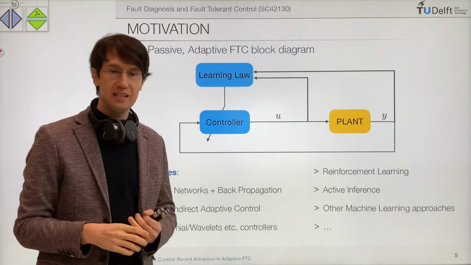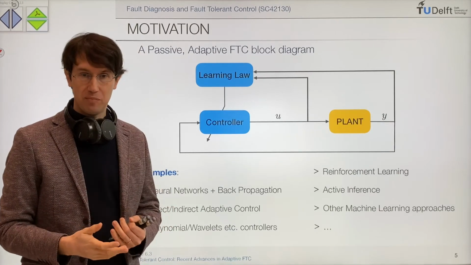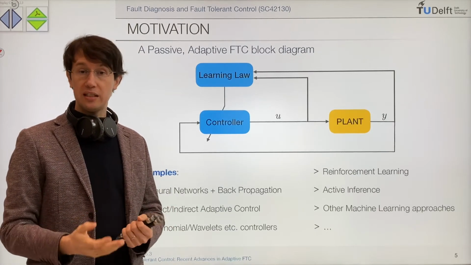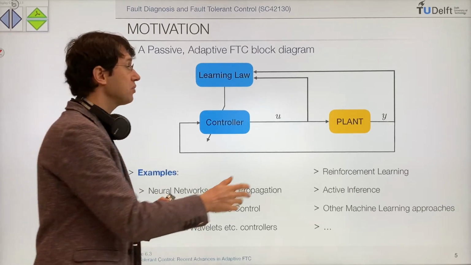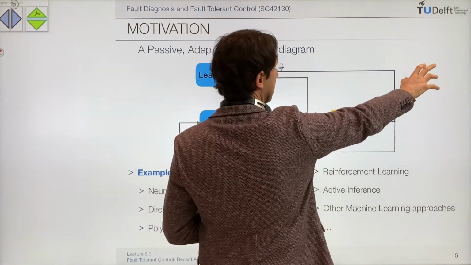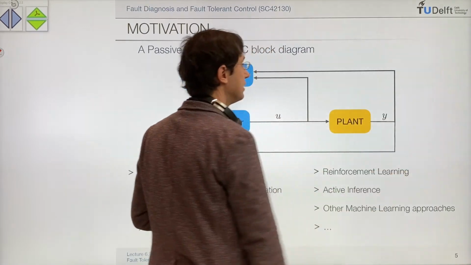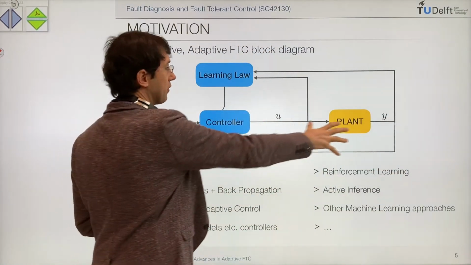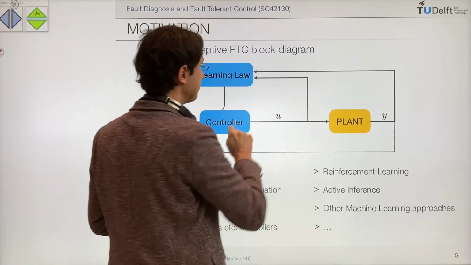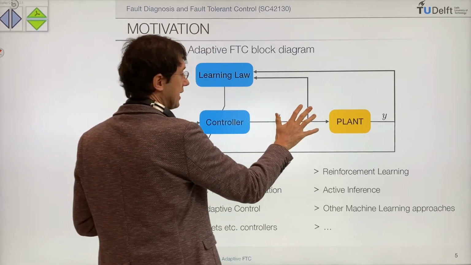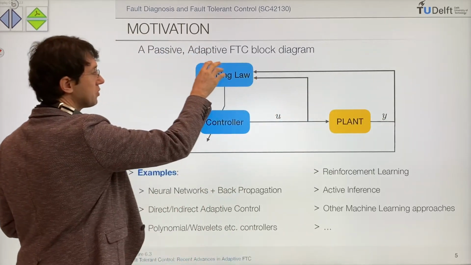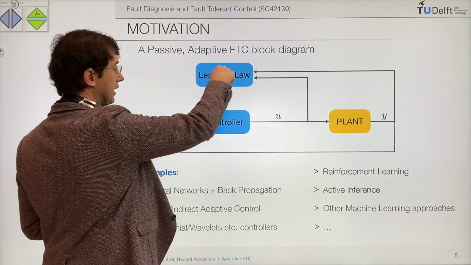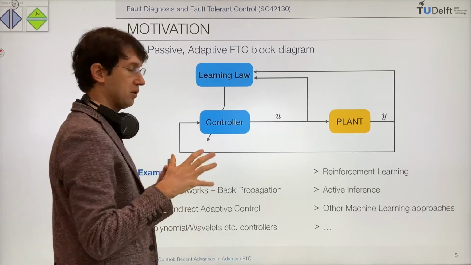Instead, in a passive approach, such as the adaptive fault tolerant control approaches we are talking about today, you take out the diagnoser and you have a simpler block diagram where data from the plant, so input and output of the plant, are continuously used by a learning law in order to tune the controller.